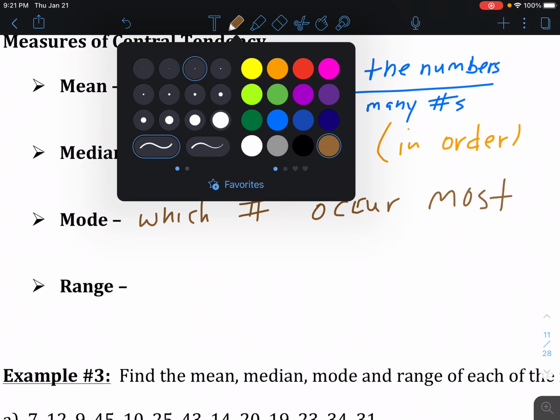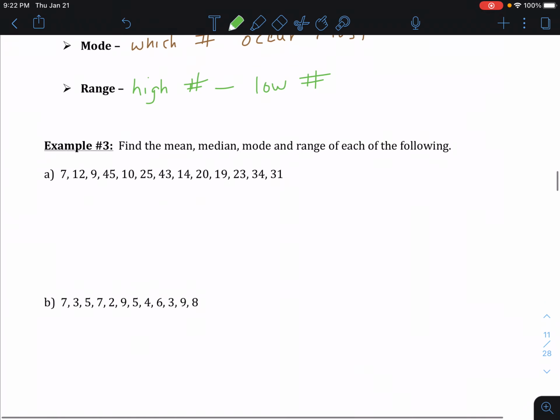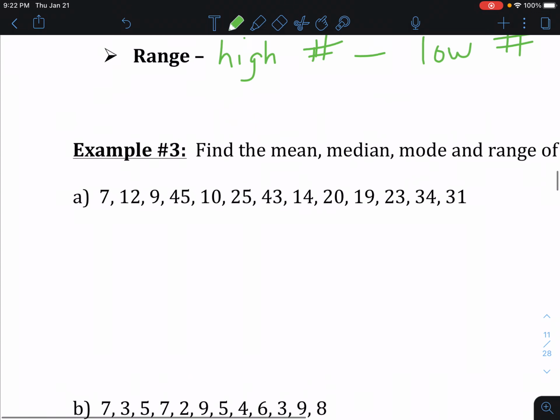And then the range is finally the highest number minus the lowest number. And you, of course, would subtract to figure out what the range is. So if the highest grade on a test was 100, the lowest was a 30, that would give you a range of 70. All right, so mean, median, mode, and range.